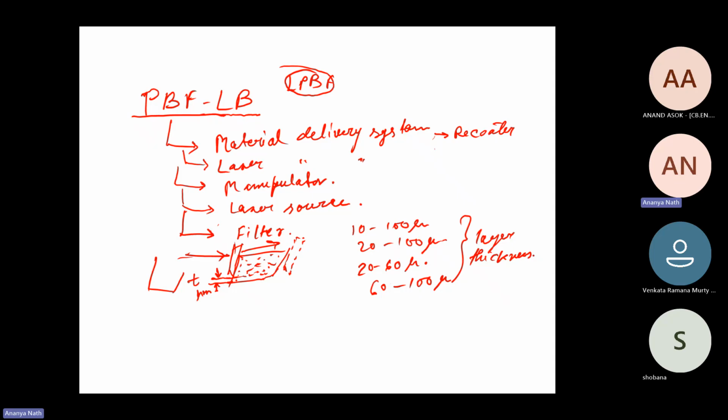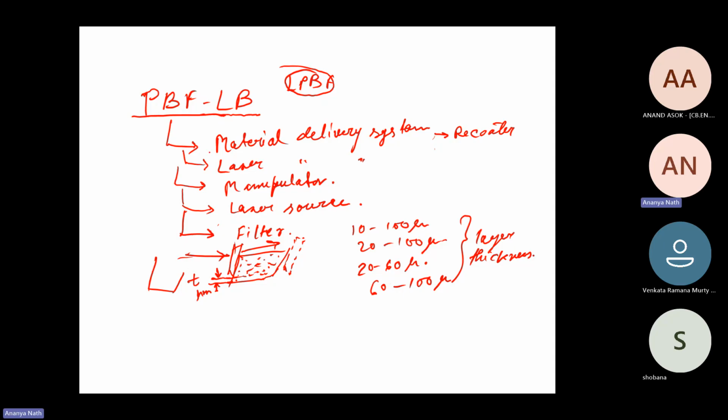And from the powder hopper, the powder was coming through pipes with the help of a carrier gas such as argon or nitrogen to the cladding head. That's why the powder size distribution was quite higher. It was 45 to 120 micrometers, whereas in PBF, we are using 15 to 45 micrometers.